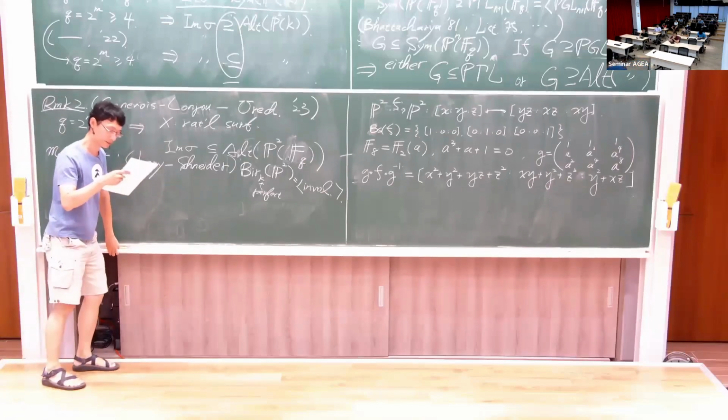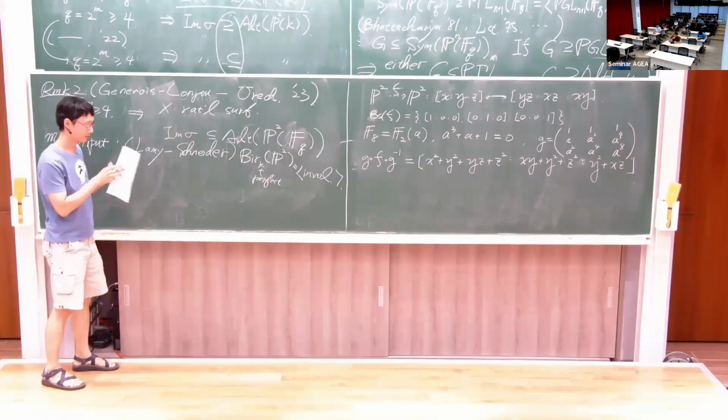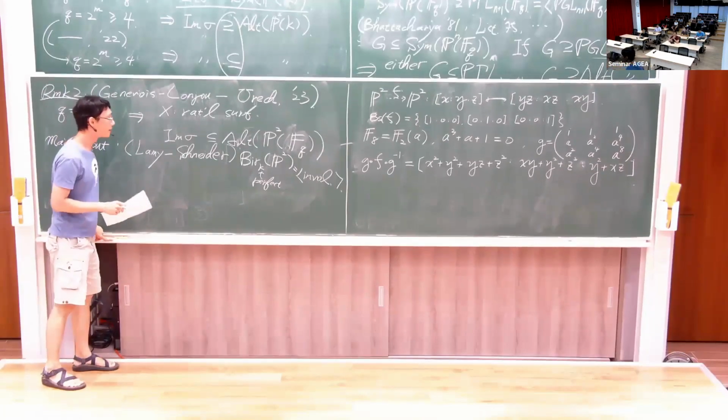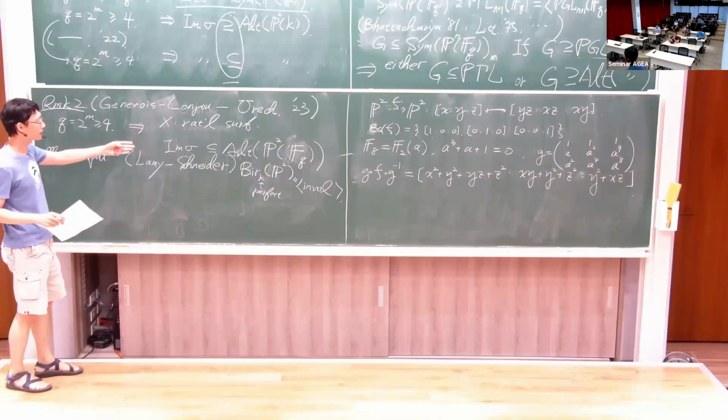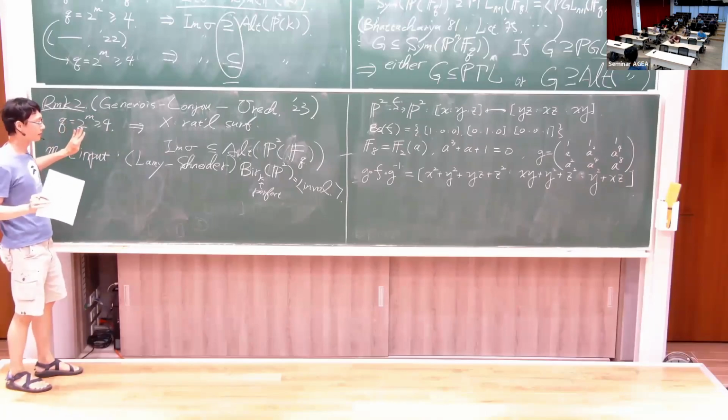In view of this result, for rational surfaces you can only realize even permutations over this kind of finite field. Then a natural question to ask is, how about irrational surfaces? If you have an irrational surface, do we have the same result, or do we have a counterexample?